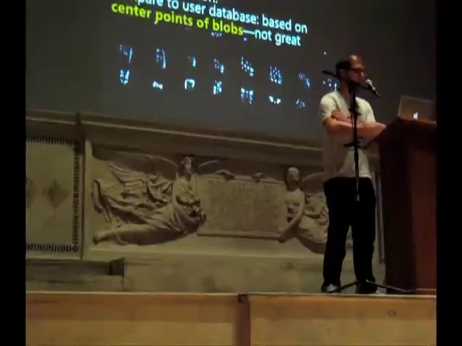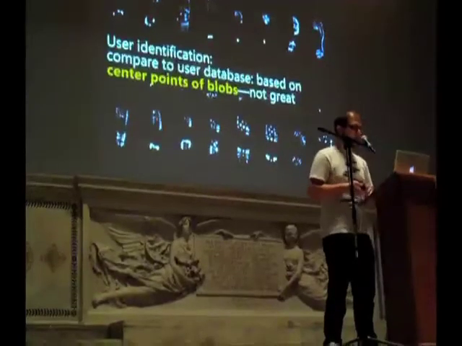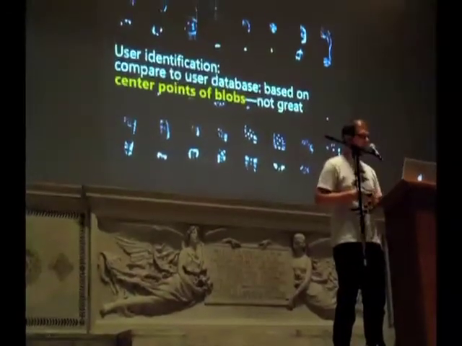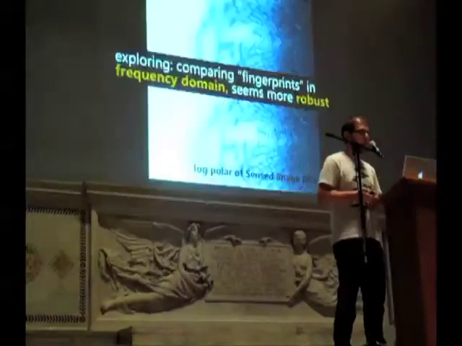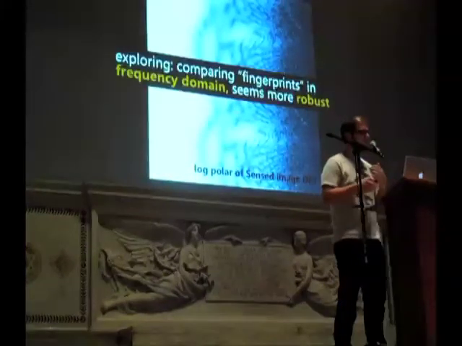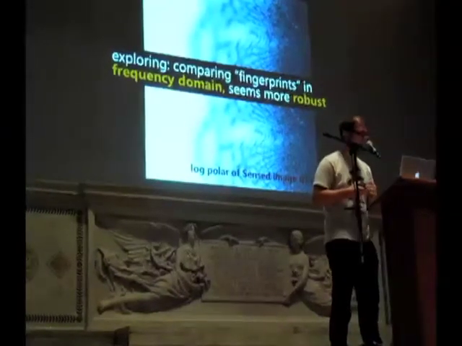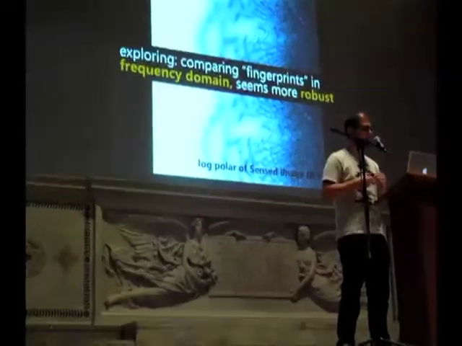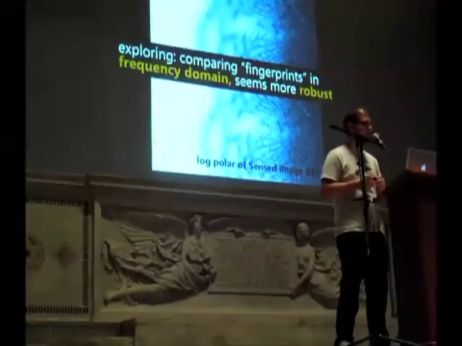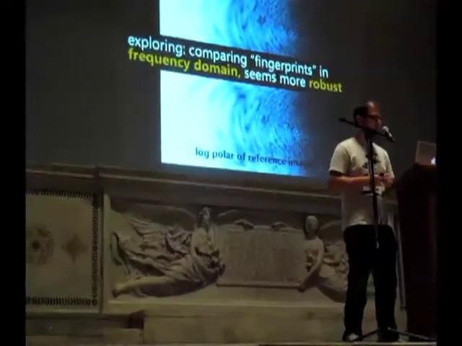So we go into our database and look for matches based on the center points of the blobs. But this doesn't really work very well for many users right now. So we're trying to find a technology that works better. For example, we're experimenting right now with fingerprinting using the frequency domain of the images.